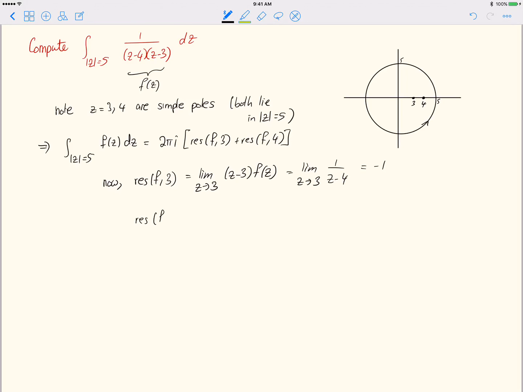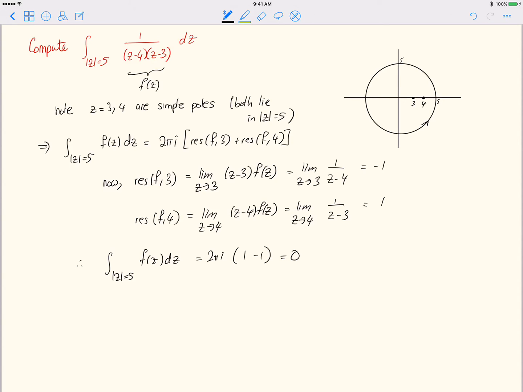Now the residue of f at 4 is the limit as z approaches 4 of (z minus 4) times f of z. So that's the limit as z approaches 4 of 1 on (z minus 3). That's going to be 1 on 1, which is 1. Therefore, this integral is going to be 2 pi i times (1 minus 1), which equals 0.